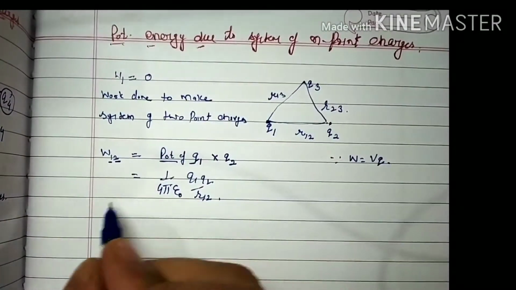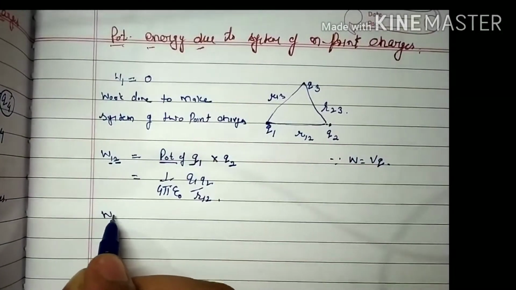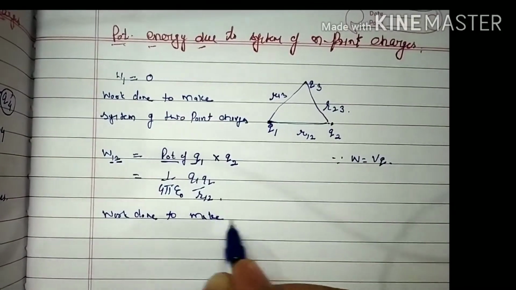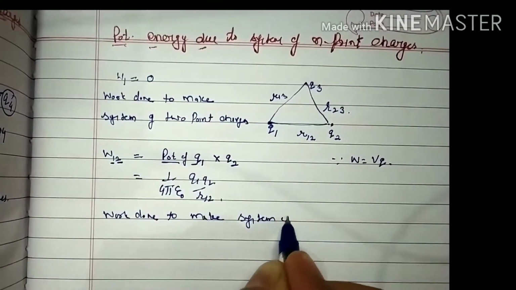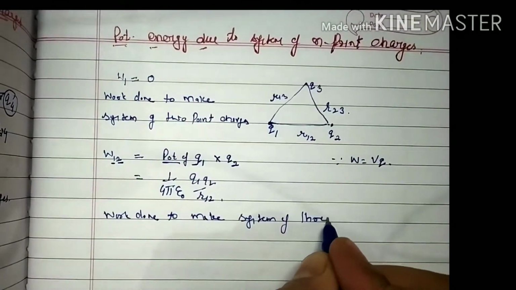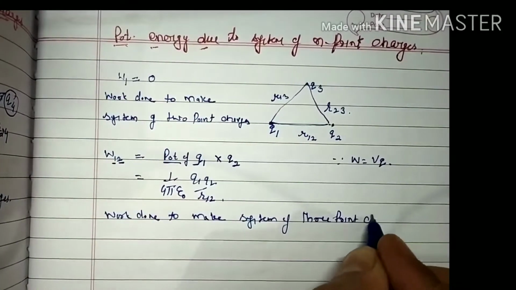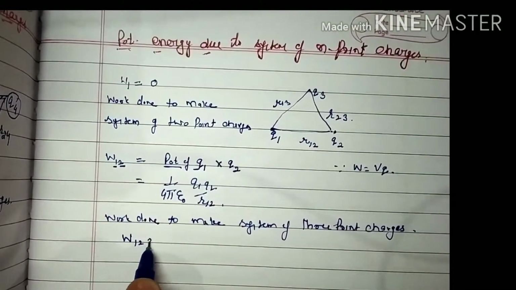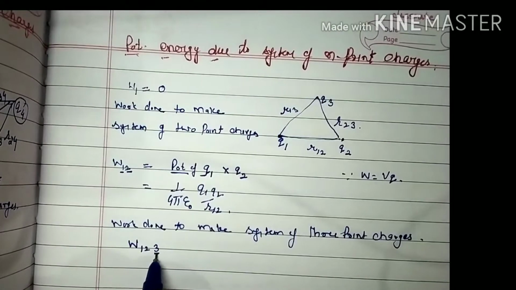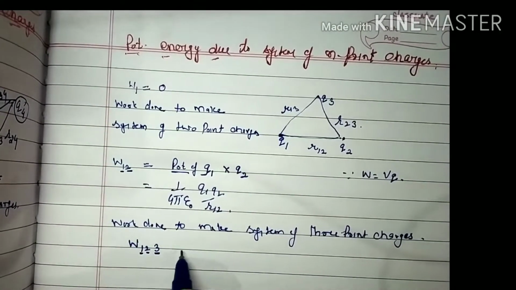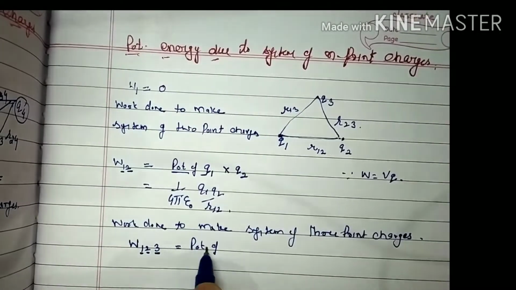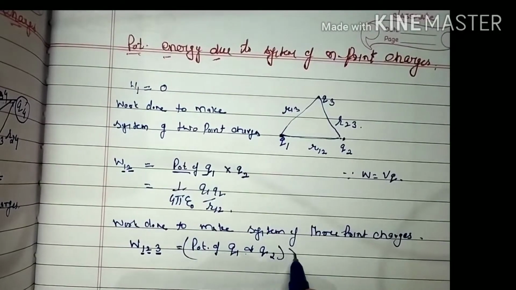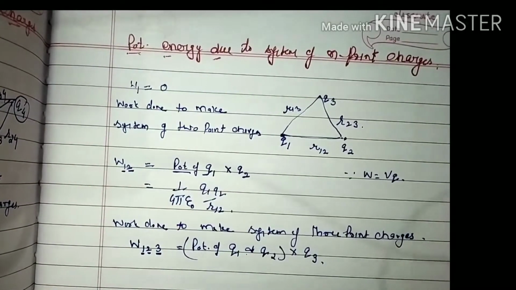So the work done to make a system of 3 point charges, W123, means the third charge Q3 is kept in the potential of Q1 and Q2, multiplied by Q3.